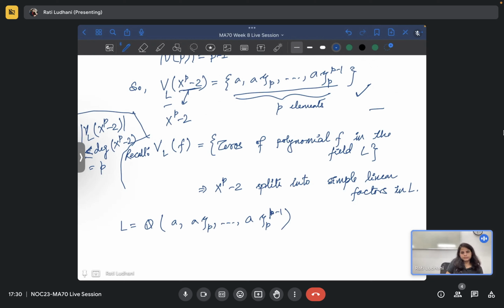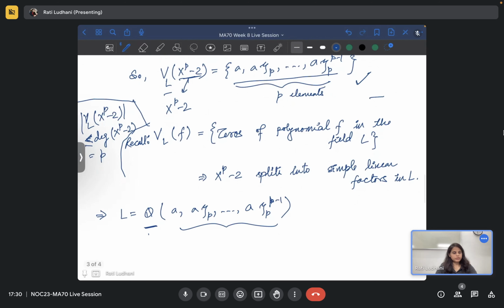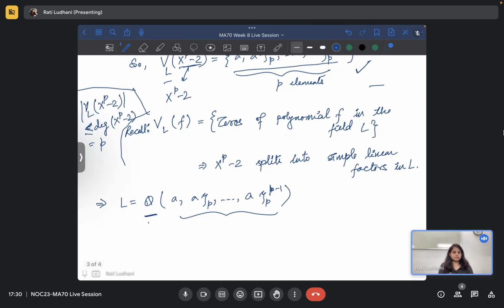L should be this, because this is a field. This is a rational field, so we have these elements and Q is there. So L should be this. Is that okay? We are not saying we cannot have some smaller sets that could generate it.